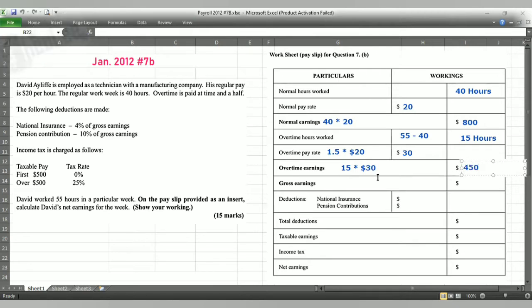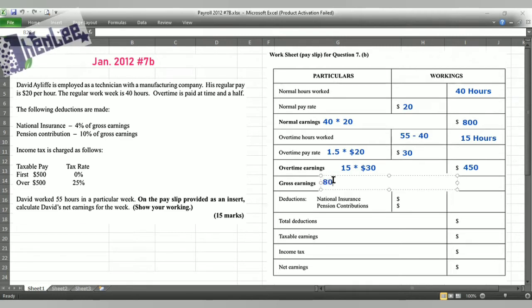So that is 15, which is the extra hours worked by David, times the overtime pay rate of $30, and that gives us $450. Now we're looking at gross earnings for David, and that would be, based on this question, the $800 normal earnings plus the $450 for the overtime.